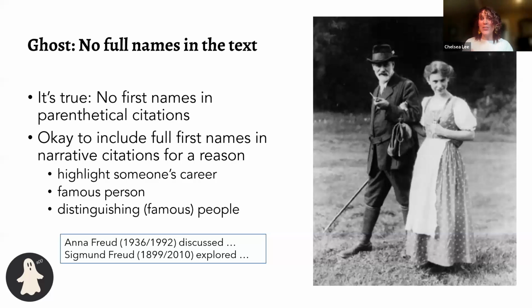And Anna was also a prominent, important psychoanalyst who published books on similar topics to her father. So especially if you were talking about both of them, you would want to say that Anna Freud did this and Sigmund Freud explored that, so that readers know which person you are talking about.